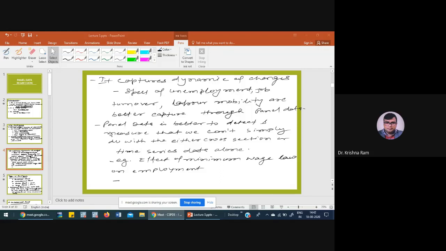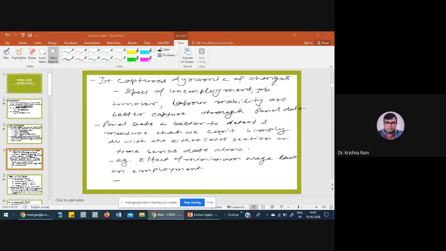The fifth advantage is that panel data is better to detect and measure effects that we can't simply do with either cross-sectional or time series data, like the effect of the minimum wages law on employment. If you want to capture this particular effect, we can't do it with either cross-sectional data or time series data.